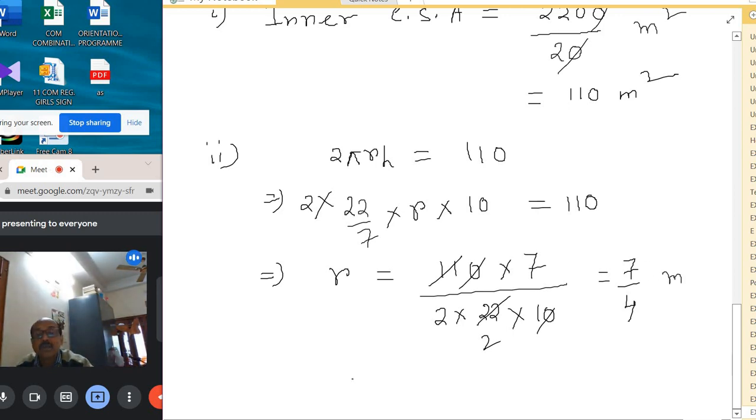So divide 7/4: R equals 4 1s are 4, 0.4728 and 4 5s are 20. Okay, 1.75 meter. Therefore radius equals 1.75 meter.